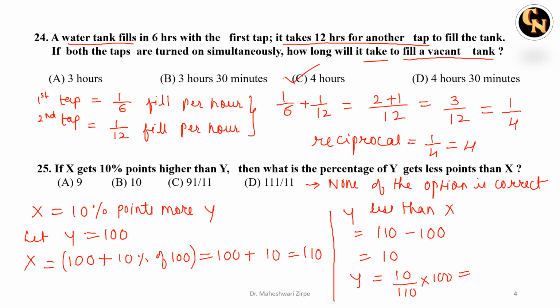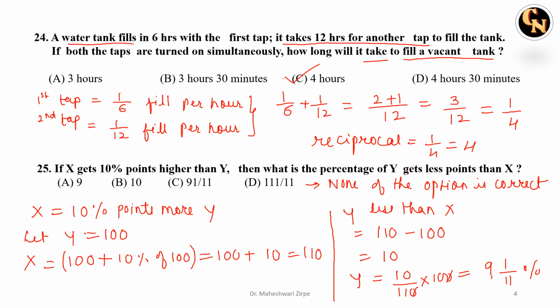In terms of percentage, when you calculate, you just cancel this, and 100 out of 11 comes out to be 9 1/11%. After calculating you will get this.